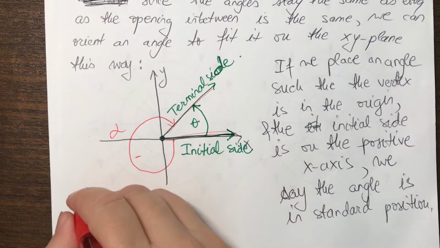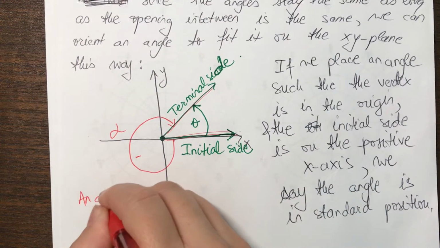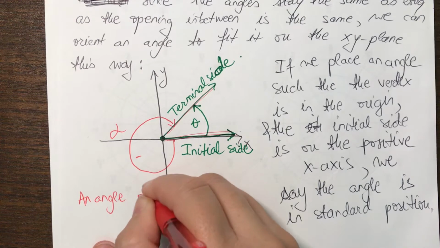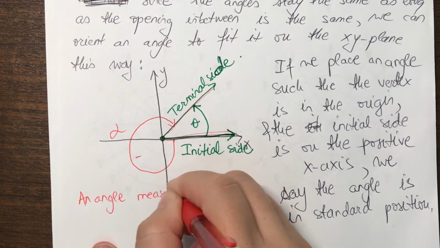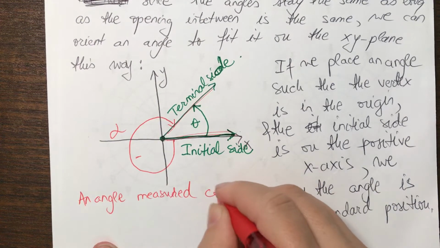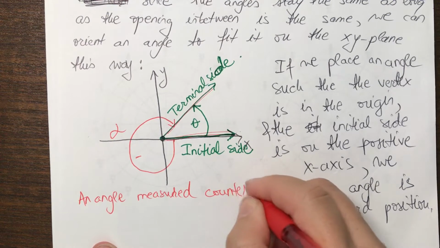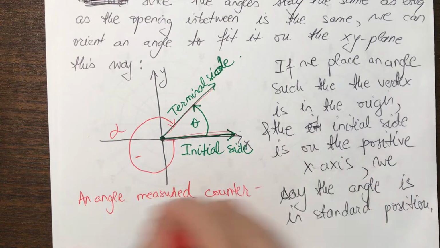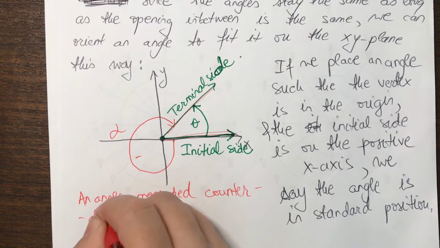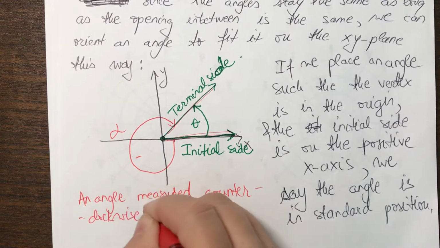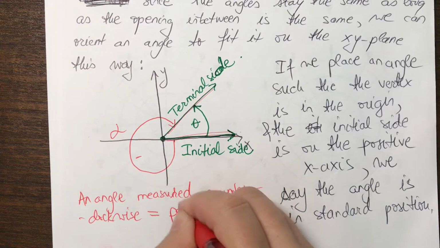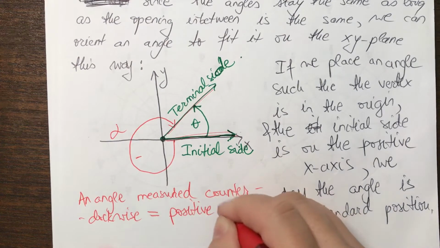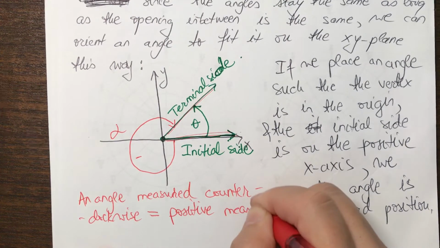Okay, so an angle measured counterclockwise is a positive angle, has a positive measure. We'll talk about measure in a minute.